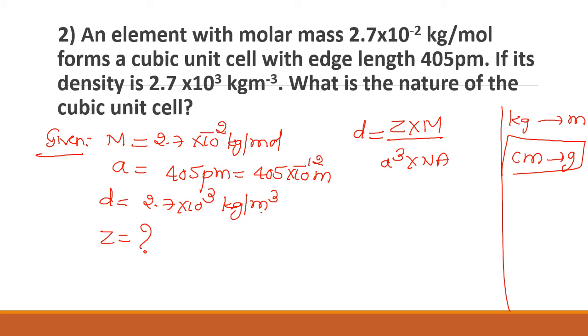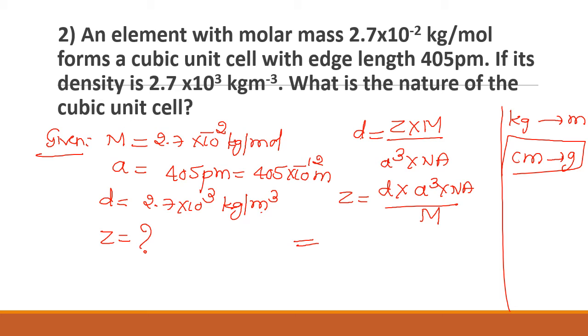Just substitute the values. Okay, so we need the Z value. Z is equal to, what happens? The formula becomes D into A cube into NA divided by M. This is a simple problem.